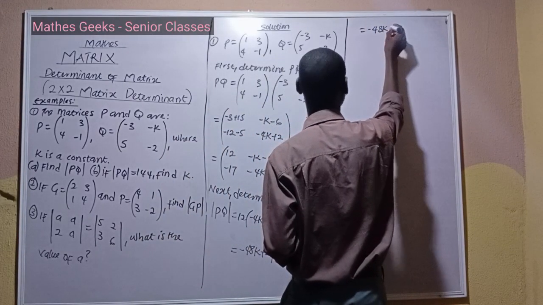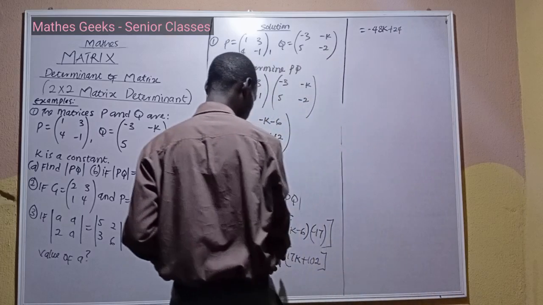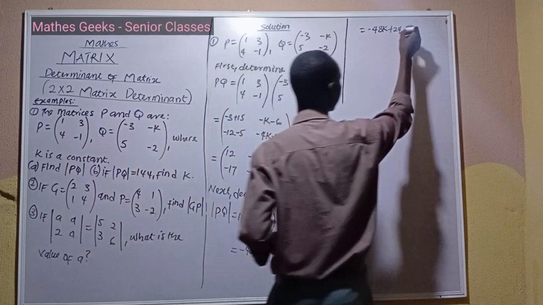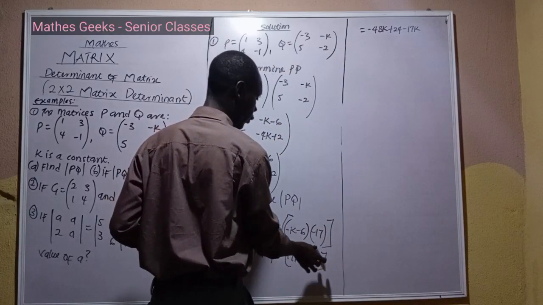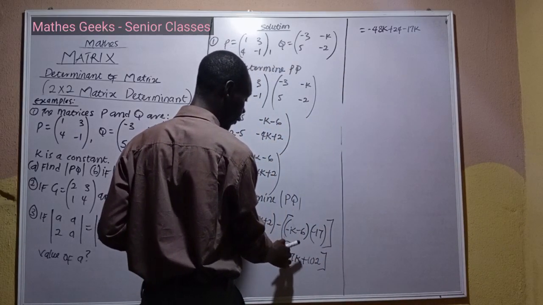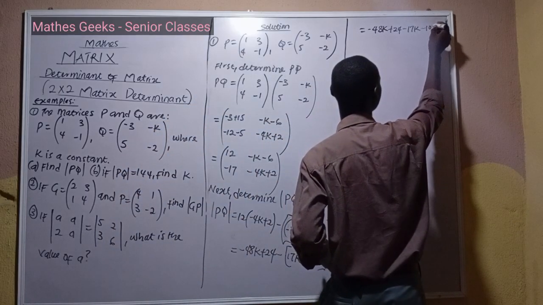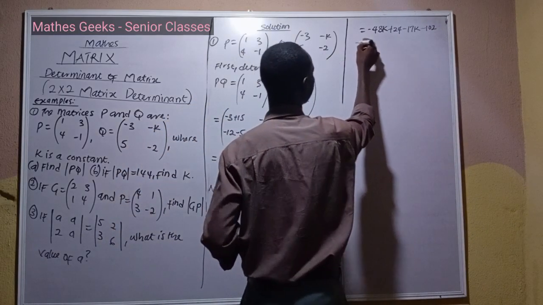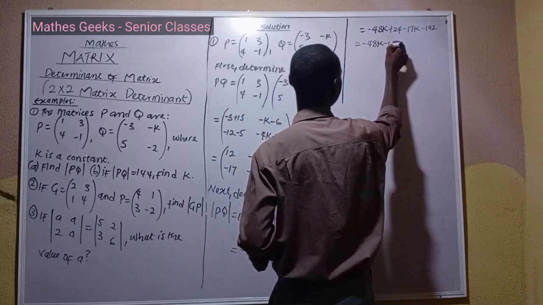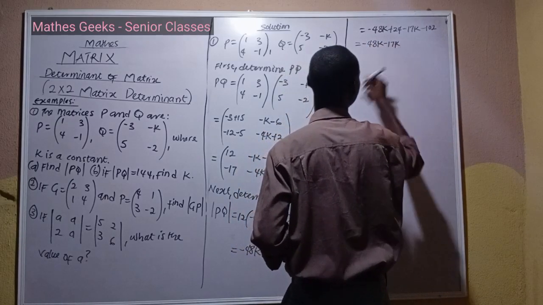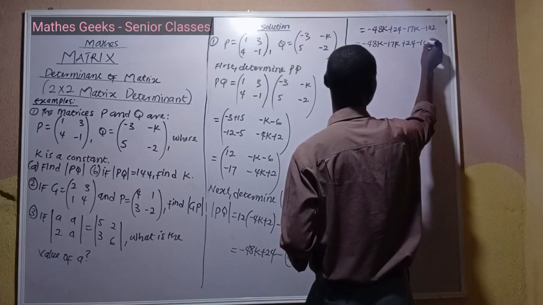So we have minus 48k plus 24. Let's open the bracket. Minus times 17k is minus 17k, minus times plus 102. The coefficient here is 1, so minus 1 times plus 102 is minus 102. Minus 48k minus 17k, plus 24 minus 102.